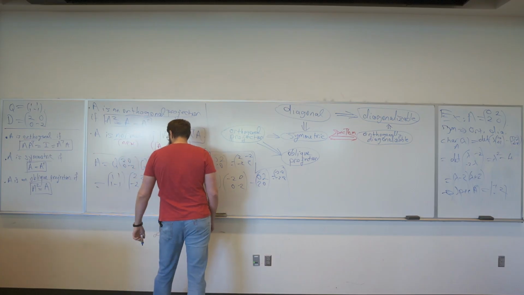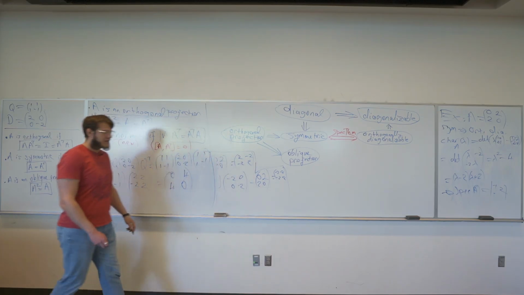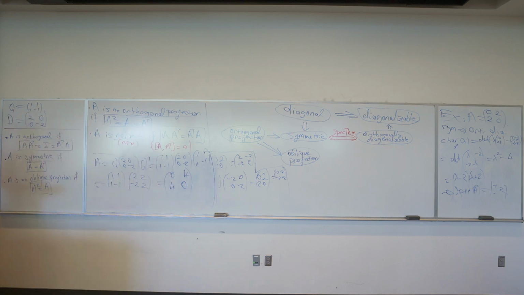Oh, let's do this slowly. 0, and then 4, and then 4, and then 0. Huh, that's not quite A. There's an issue here. Your orthogonal matrix is not orthogonal. Wait, the basis isn't normal. OK, very good. That's the complicating thing here.